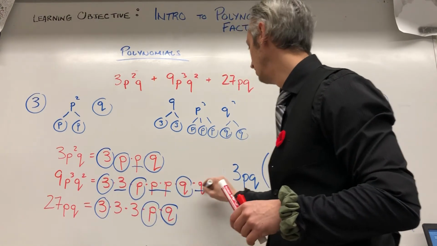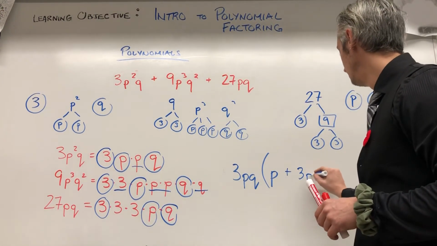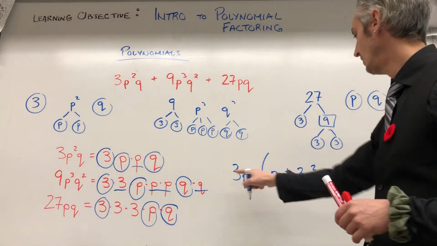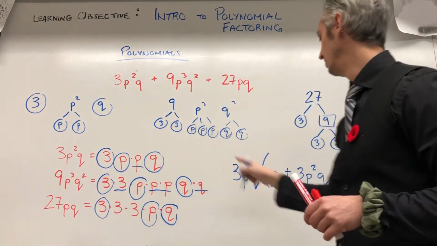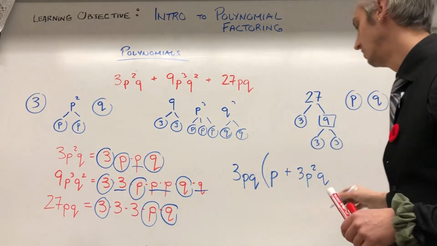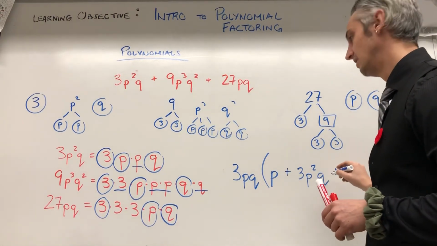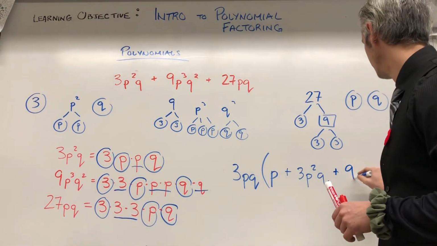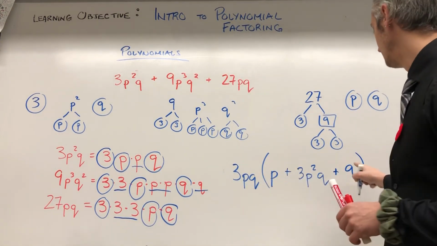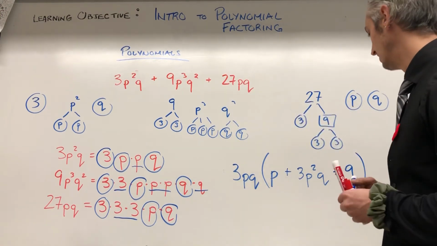Plus, for the second term, I have p²q left, so plus 3 times 3 is 9. p times p squared is p cubed. q times q is q squared. And then plus 3 times 3 is 9, so plus 9. So 3 times 9 is 27, and p cubed is left.